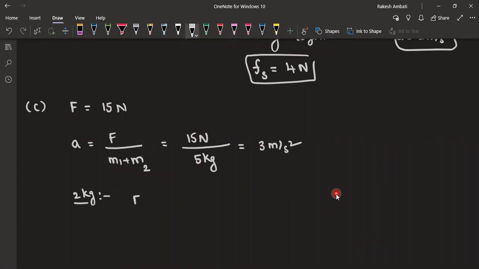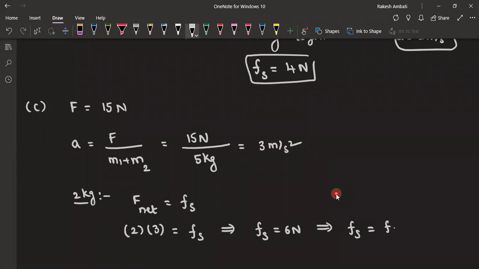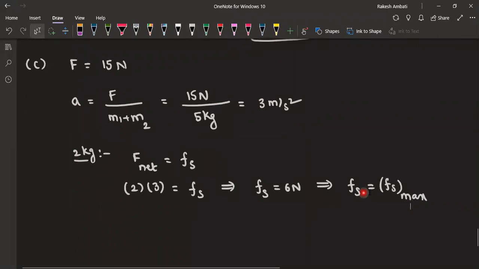So in the case of the 2 kg block, what is the dynamic equation? That is only Fs. Resultant force means mass into acceleration, so equal to Fs. Perfect. So here Fs equal to 6 newtons. That means Fs equal to Fs maximum. Are they moving together or separately? Together.